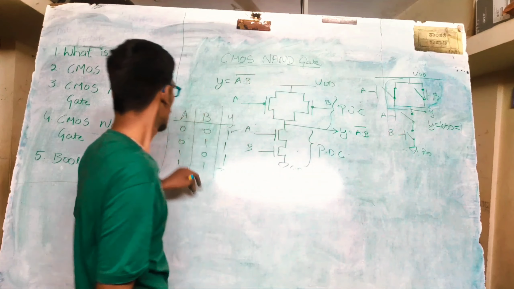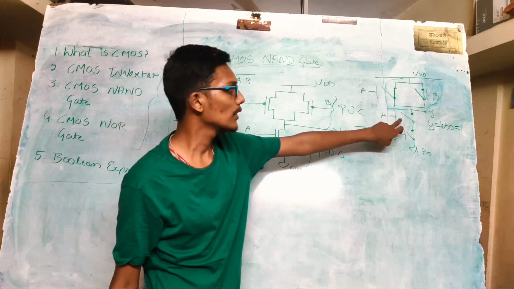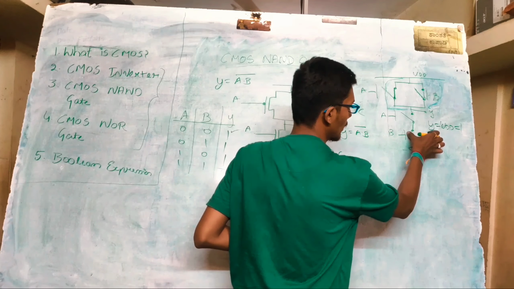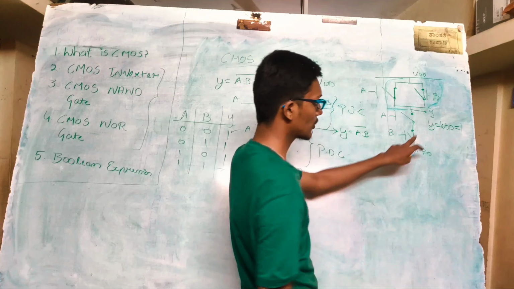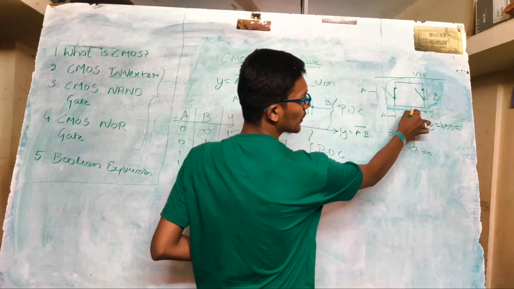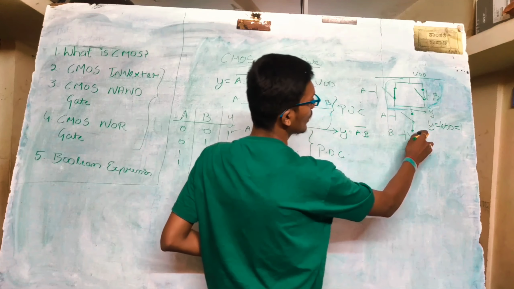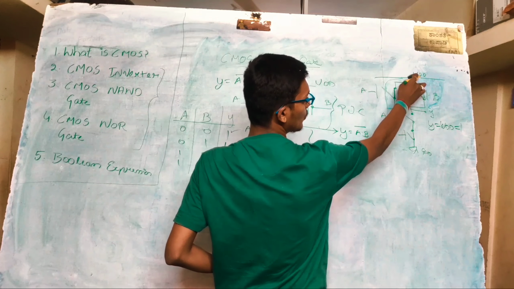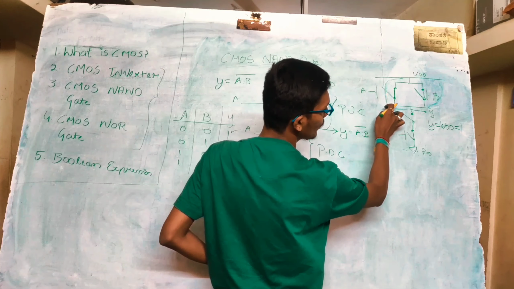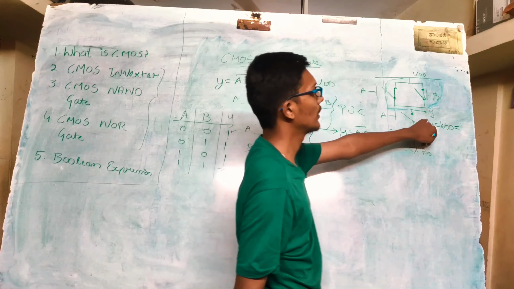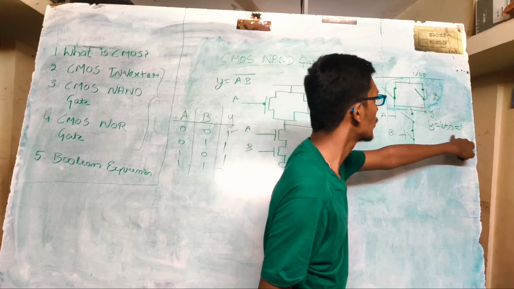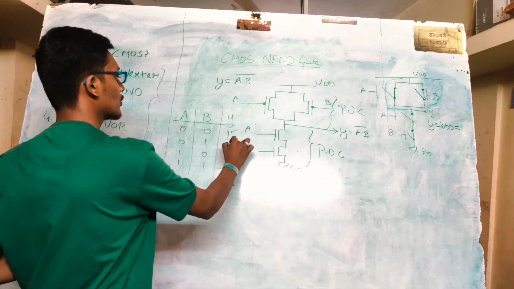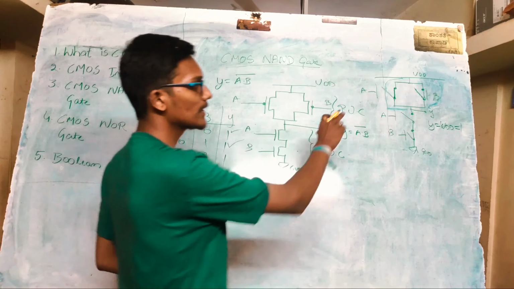Now when we come to NMOS, at A equal to 0, A will be off and B is short circuited. In spite of B being short circuited, we have an open circuit at A, so there is no connection through the NMOS, but we have a connection through the PMOS at A. So VDD passes through A to Y. So Y is equal to VDD, that's logic 1. So this is also verified.